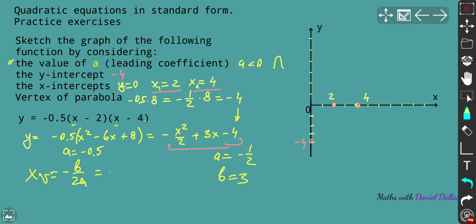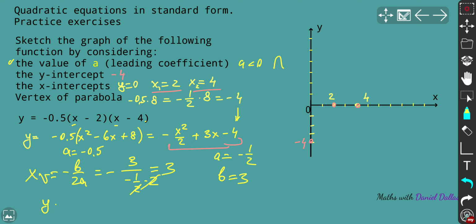So if we plug those in, we'll get simply 3 over negative 1 over 2, which means the 2 goes on top. If you divide by negative 1 over 2 and multiply by 2, the 2 and 2 cancel and you'll get just positive 3. So the x vertex is positive 3.